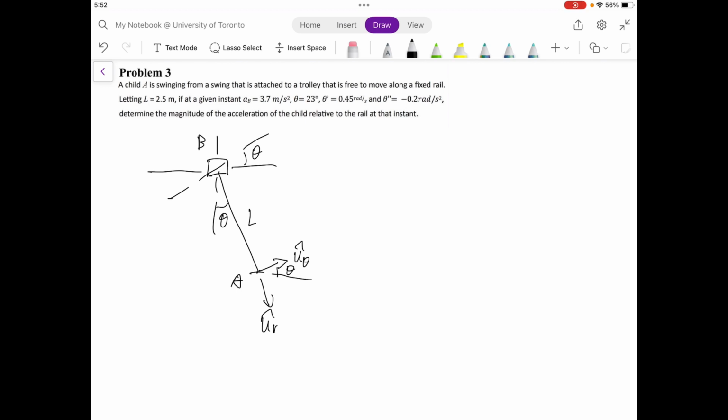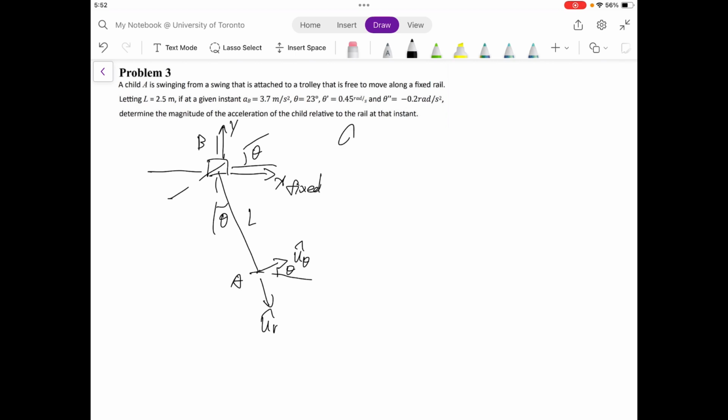So we can also define another Cartesian coordinate at B, which is fixed, and as long as we don't need to use it, we just need to know that there are two coordinate systems.